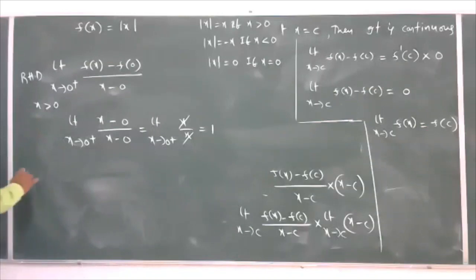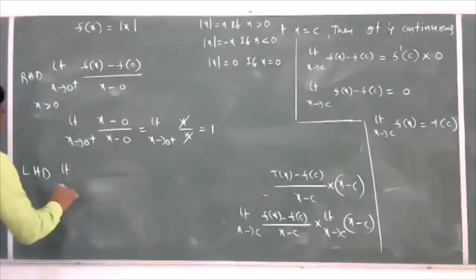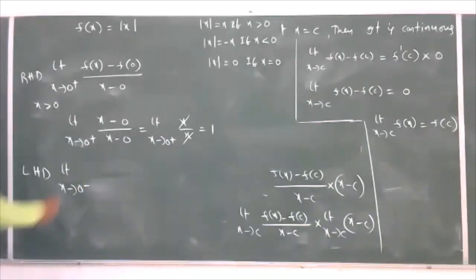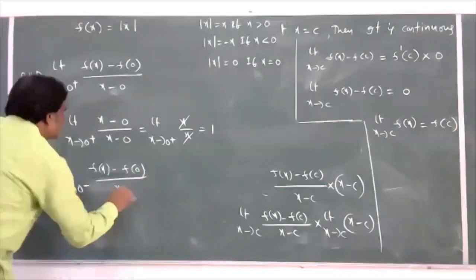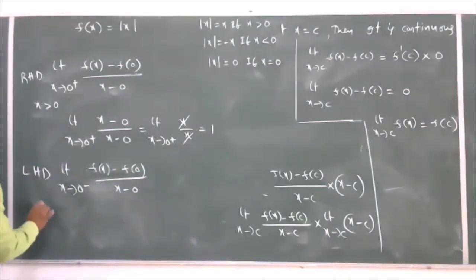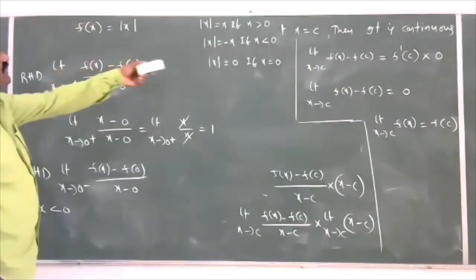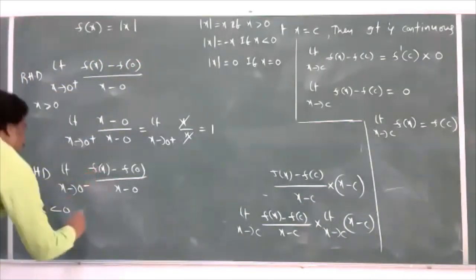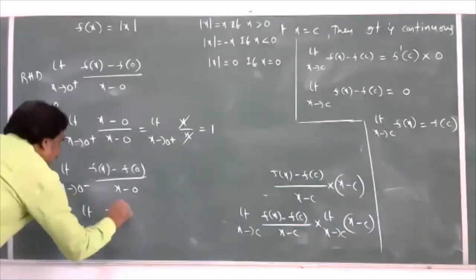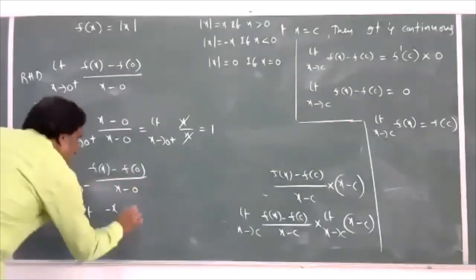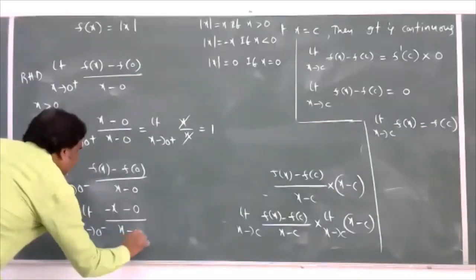You go for LHD, left hand derivative, limit x tends to 0 minus f of x minus f of 0 by x minus 0. Here x less than 0. X less than 0 means mod x is equal to minus x. Here you substitute limit x tends to 0 minus, f of x is minus x, minus f of 0 is 0, by x minus 0.